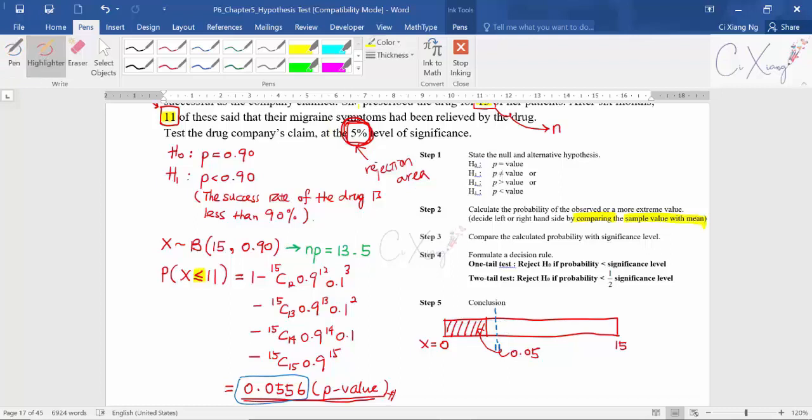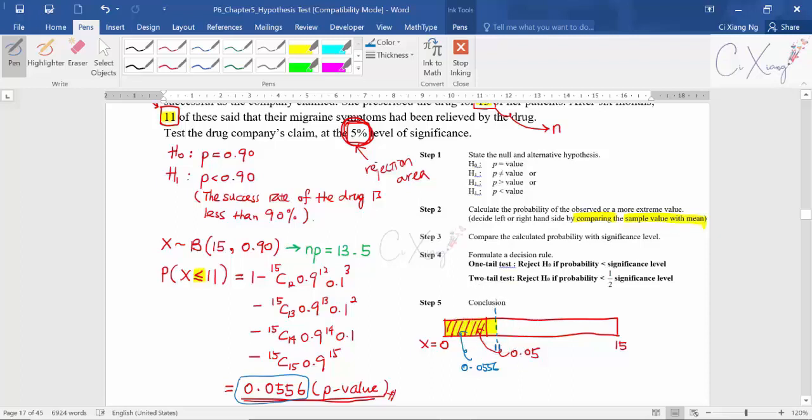This area from 0 until 11, the probability itself is 0.0556. If you compare the highlighted area and the shaded area, the highlighted area should be the larger one.